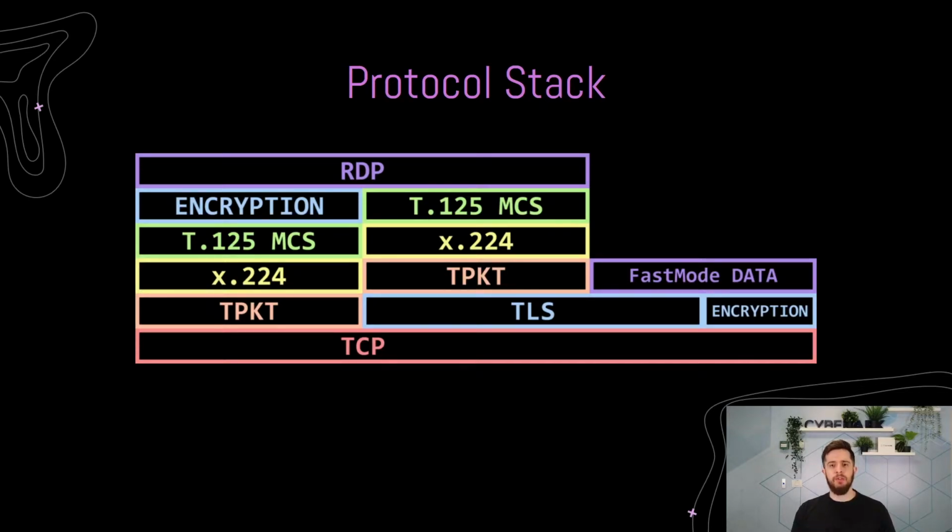It relies on several layers of different protocols and standards to be able to function. It usually runs over TCP, as you can see here, although UDP can also be an option. RDP also uses TPKT, X.224, and T.125 MCS for data encapsulation.